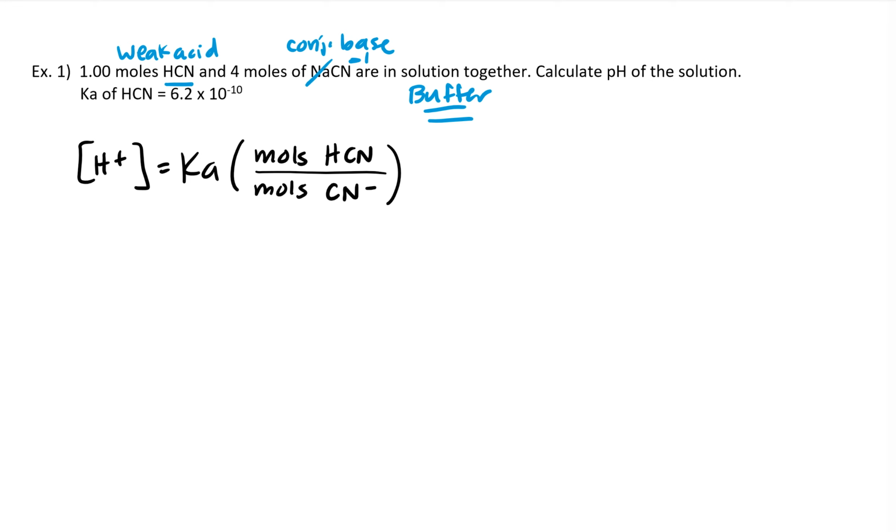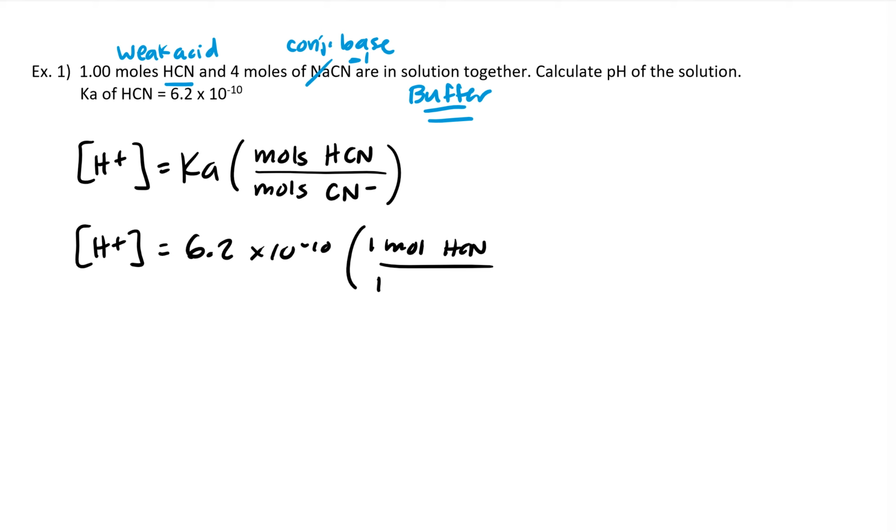So we're going to plug and chug. H plus is equal to the Ka, 6.2 times 10 to the negative 10. Our moles of HCN, so 1 mole. And our moles of conjugate base, 4 moles, CN minus.